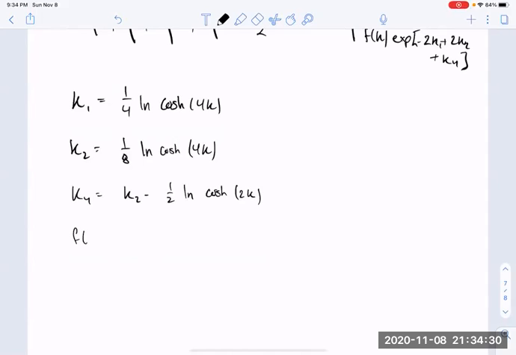And that constant f of k is equal to twice hyperbolic cosine of 2k to the 1/2 times hyperbolic cosine of 4k to the 1/8. Pretty ugly, but just some algebra after it's set up.